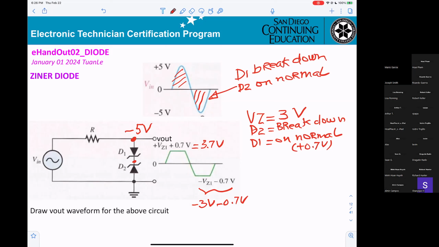That gives you a little harder one to figure out. But try to find out for positive, if you can understand that, in order to understand for negative.